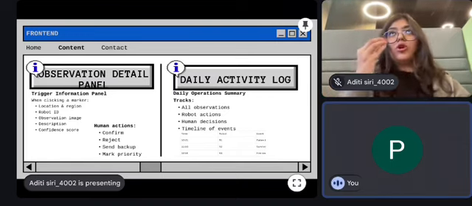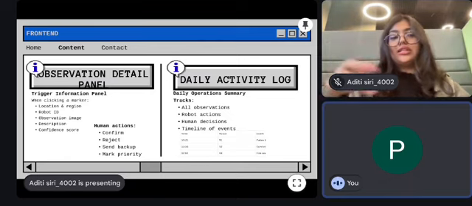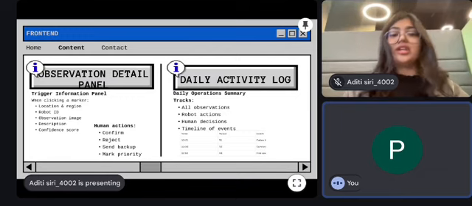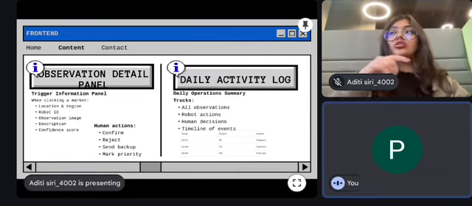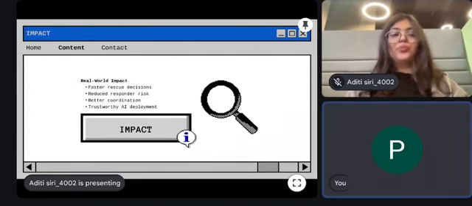Suppose on 15th August, we dealt with a fire accident where these are the observations, these are the survivors, and these are the robot actions that took place, and all the timelines are also recorded in our daily log so that the model will be learning simultaneously through its current activities too.